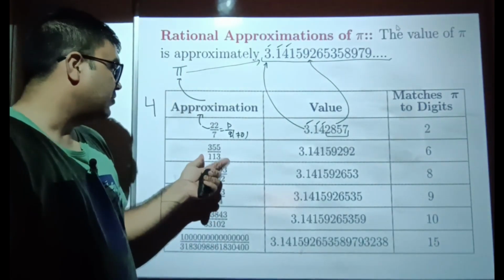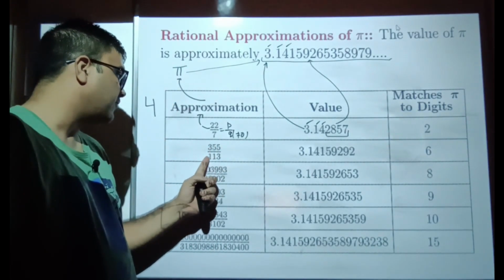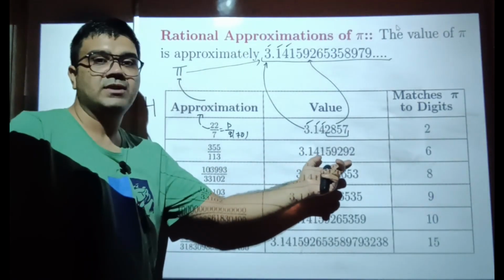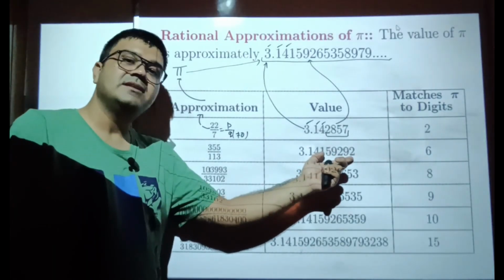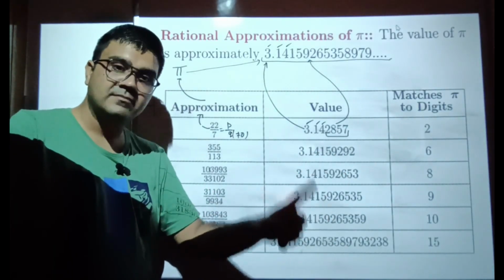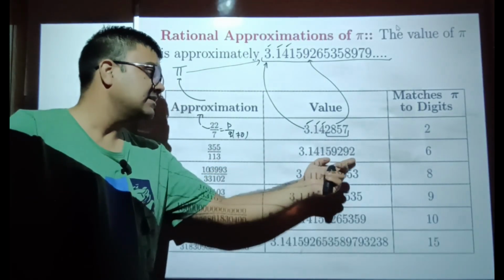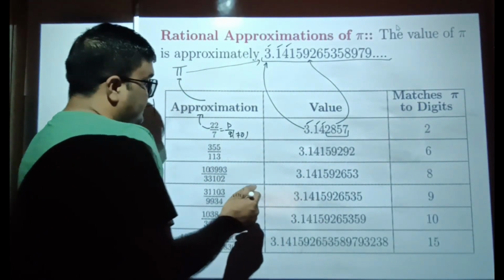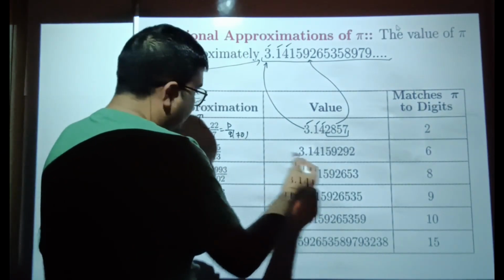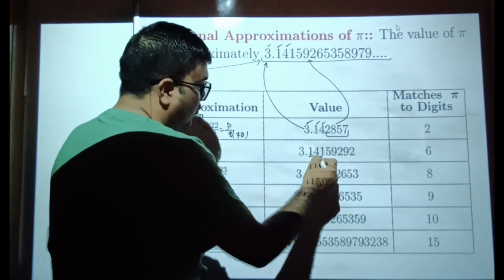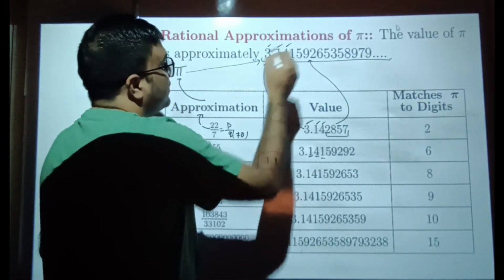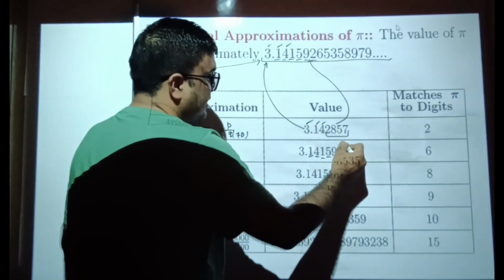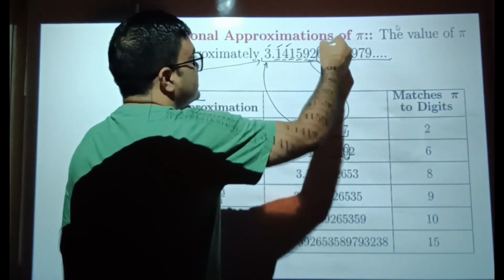If we are using the value of pi as 355 upon 113, the value of this is given over here. This is a rational number. The representation is terminating, a terminating decimal written over here. Now look at this value: 3.141592, then 9 over here and 6 over here.